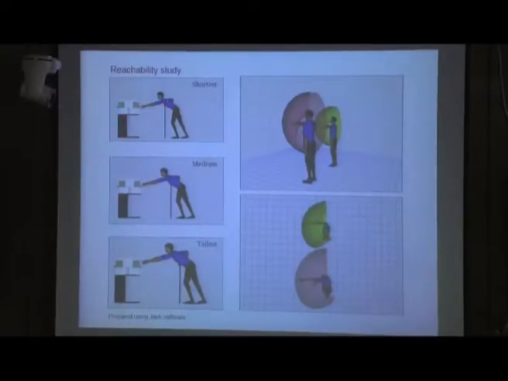Obviously for the 5th percentile, or people with shorter dimensions, this is the position of the boundary or barrier. But for the 95th percentile, their reach is more.